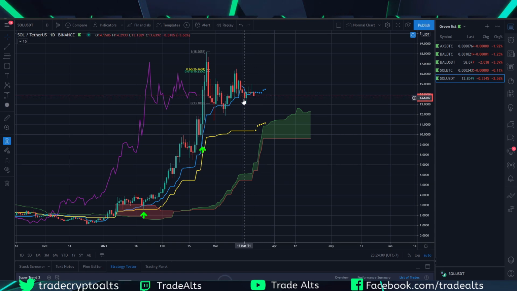And just by looking at this, I would give the edge to price to break down. So we can come back in a few days and see what happens. But if I had to take a guess up or down here, I would lean down.